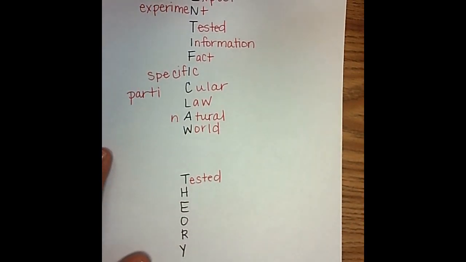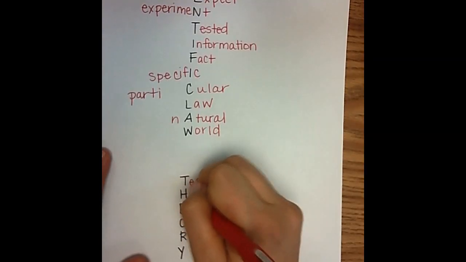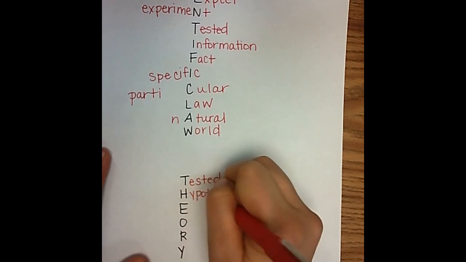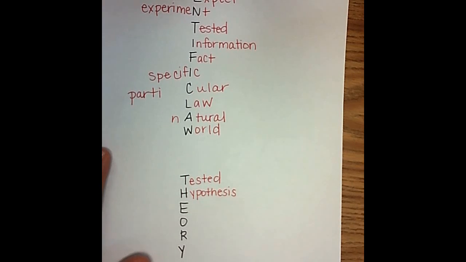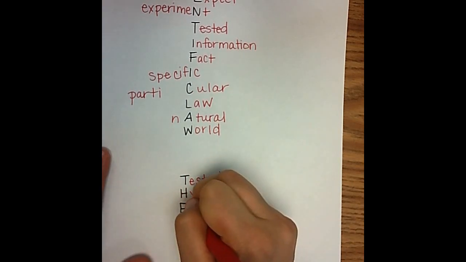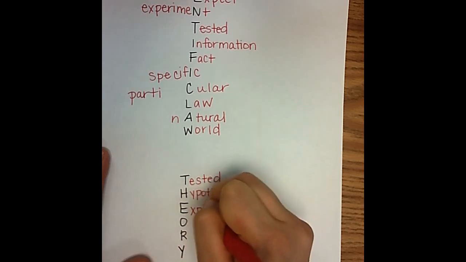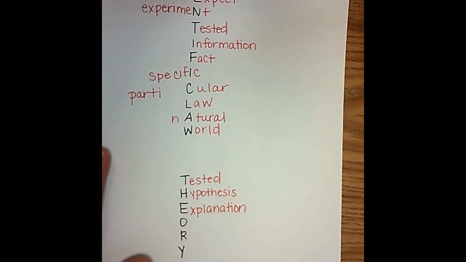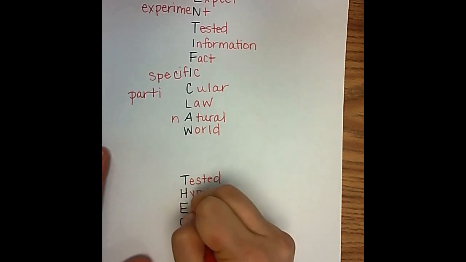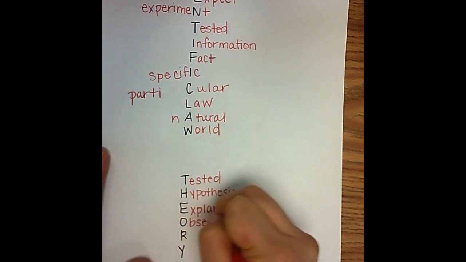And for H, I'm going to do hypothesis, because most theories start with a hypothesis and then they're tested. A theory is going to explain, so I'm going to put explanation, and it's going to explain observations in science.